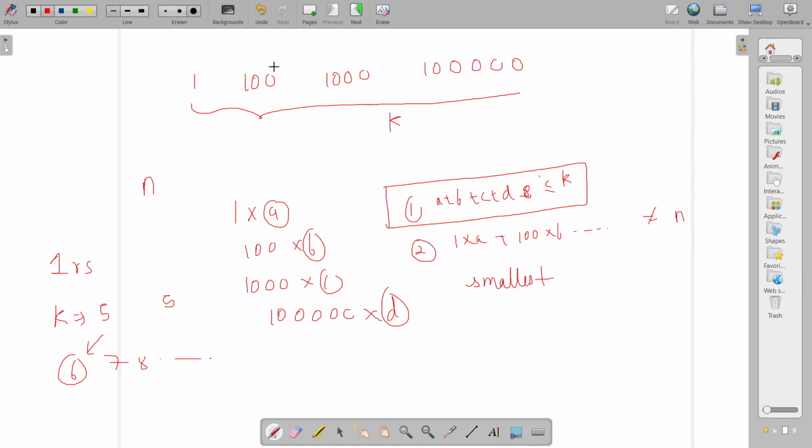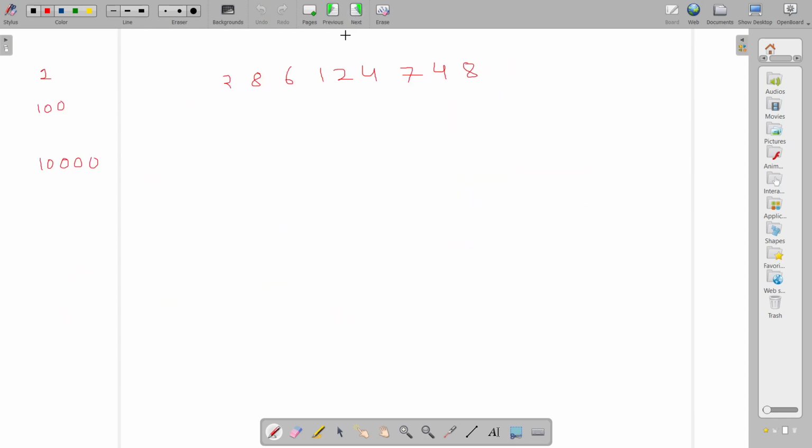So how do you do it? Let's first try to solve something else, and then we'll move on to the solution. Suppose you are given this number and you want to obtain it as a sum of notes having value 1, 100 and 10,000.